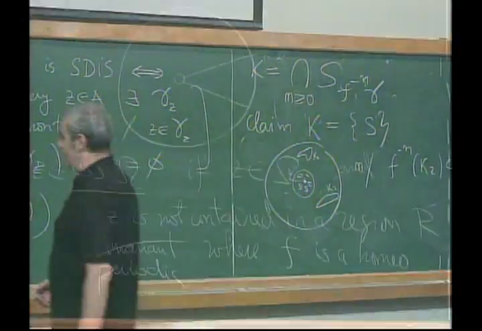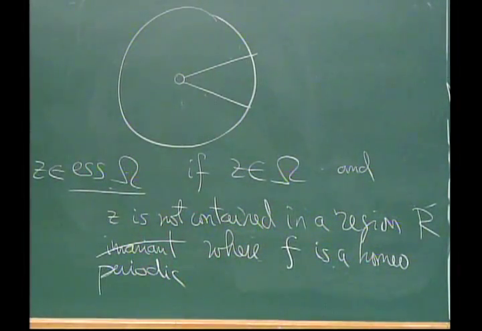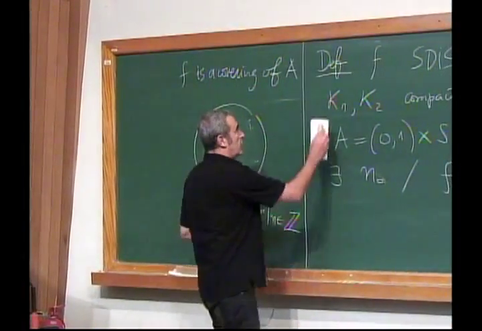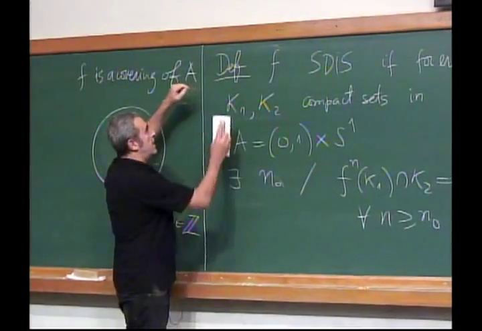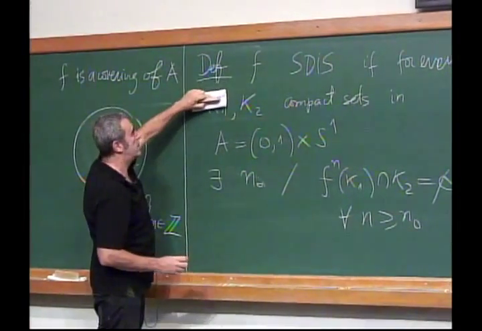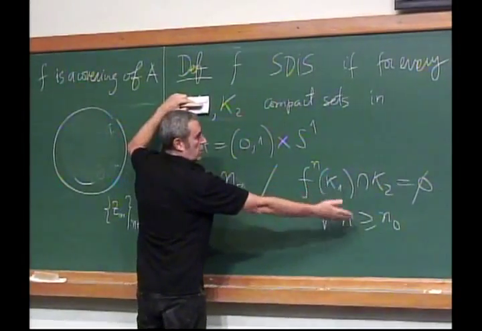I'd have to explain a little bit the classification problem. There is another question I don't know how to answer. If you change strongly dissipative to just dissipative, that means that for every point and compact set this condition holds.